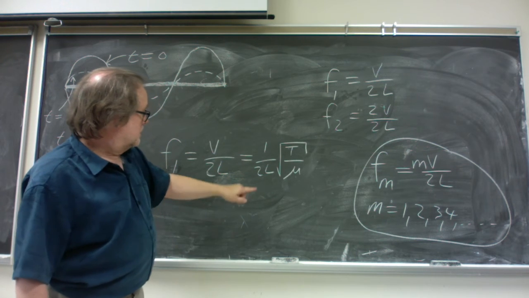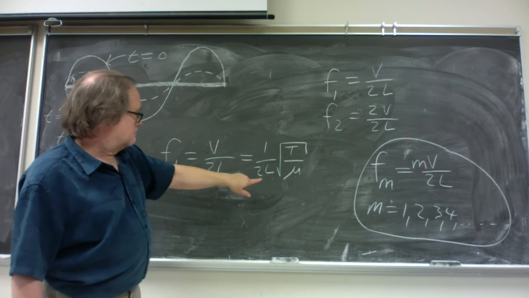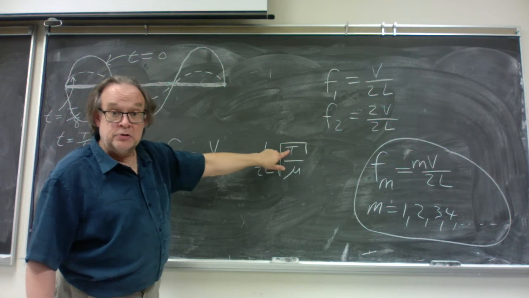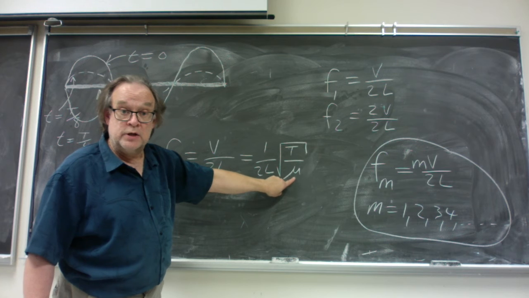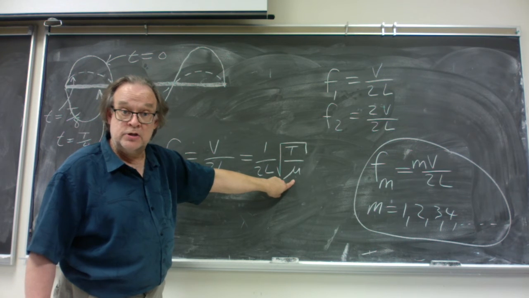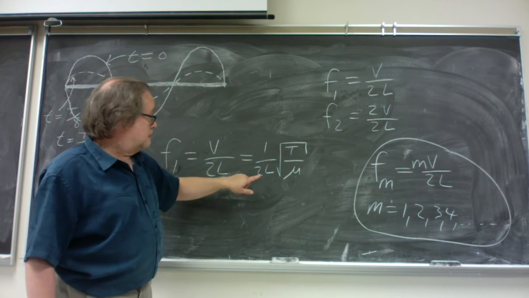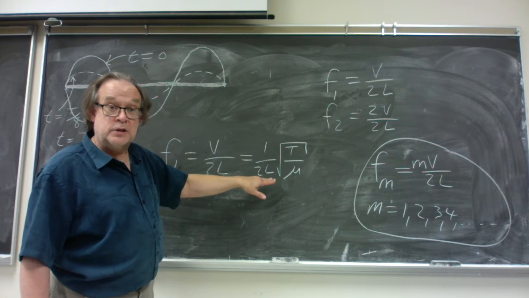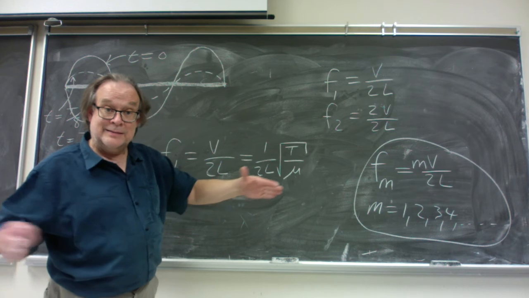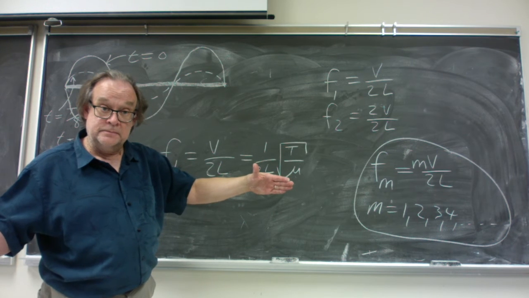And also, we see that for any particular string, if you leave the tension alone and always use the same string, so mass per length doesn't change either, then the fundamental frequency is inversely proportional to the length of the string.